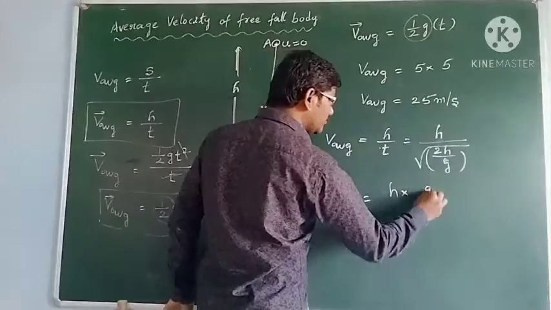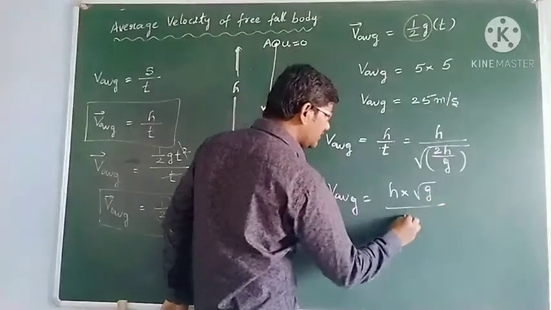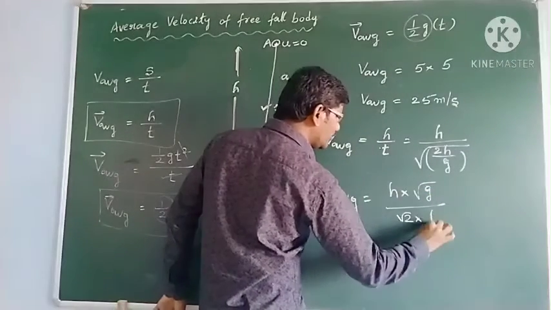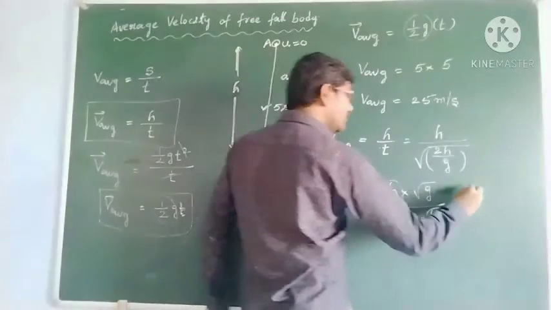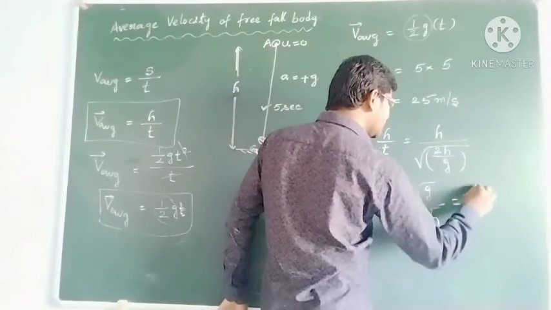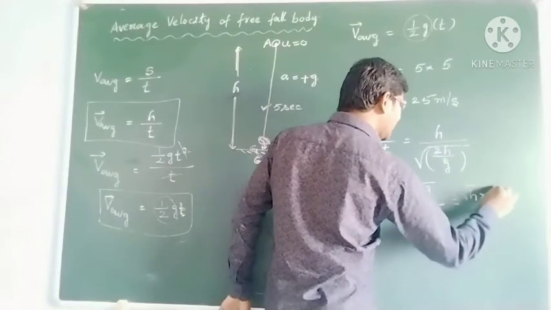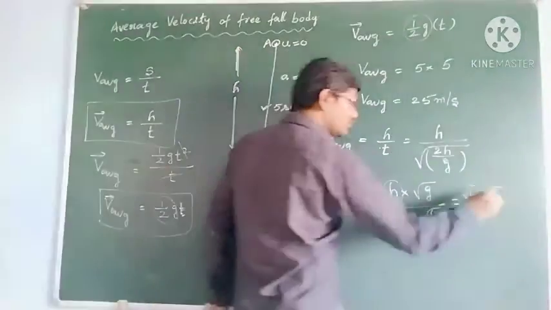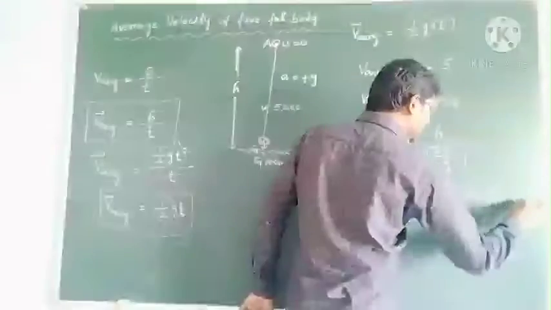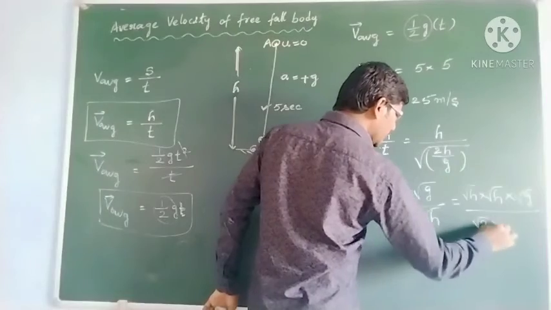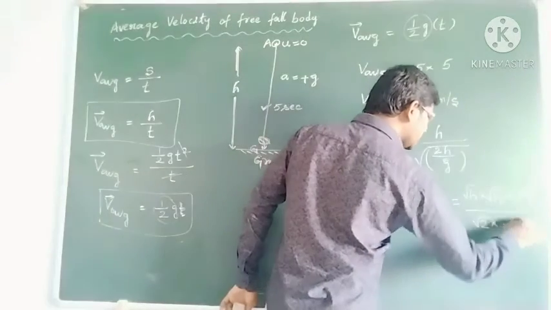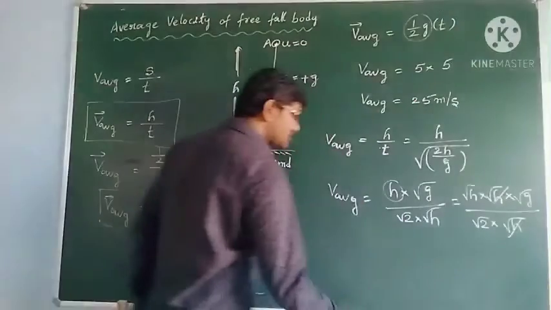h into root g by root 2 into root h. Then this h you can write as root h into root h, into root g by root 2 into root h. Then root h gets cancelled.